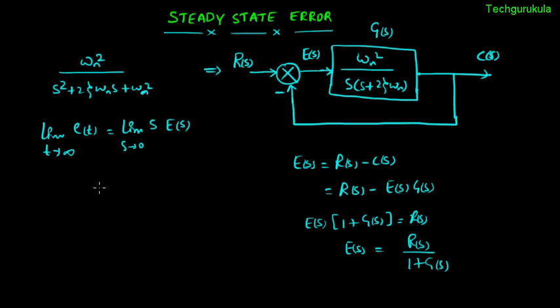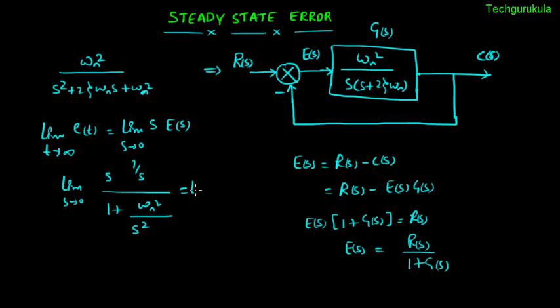Now let me apply this case to the undamped case where limit s tends to 0 of s times R of s, which is 1 over s for unit step input, over 1 plus omega n square over s times s plus 2 zeta omega n. For undamped case, zeta is 0. If we substitute, we'll have just s square.